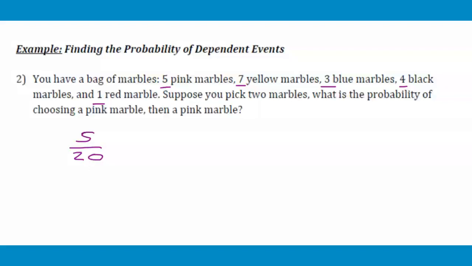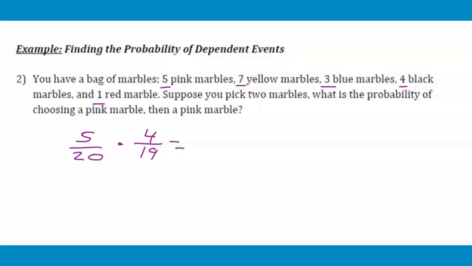So I hold on to the first marble that I pick. So when I reach in again, and it doesn't matter if you pick them both at once, it's still the same thing. There is no longer 20 marbles in there. There's 19 marbles in there and 1 less pink marble. This is what I have now. What is the probability of doing that?